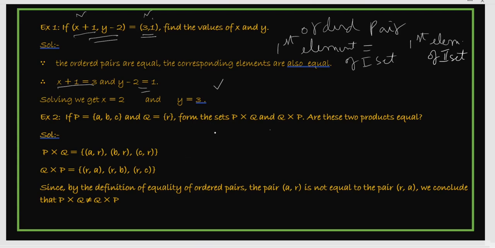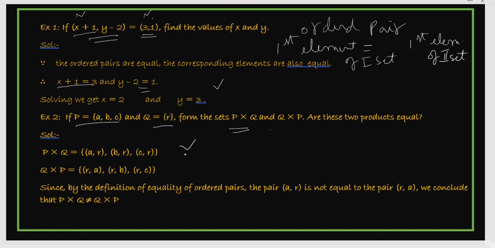Okay. Now, if P is equal to {A, B, C}, this is one set. These are the three elements. This is another set, Q, with one element, R. Sets P and Q. What is the Cartesian product of P and Q? P cross Q is (A, R), (B, R), and (C, R).